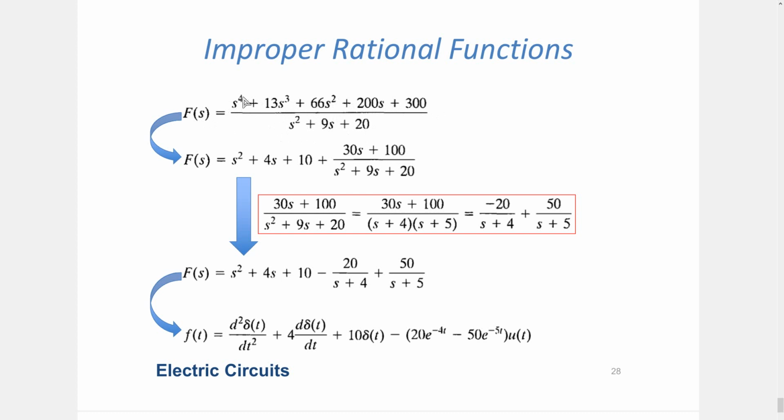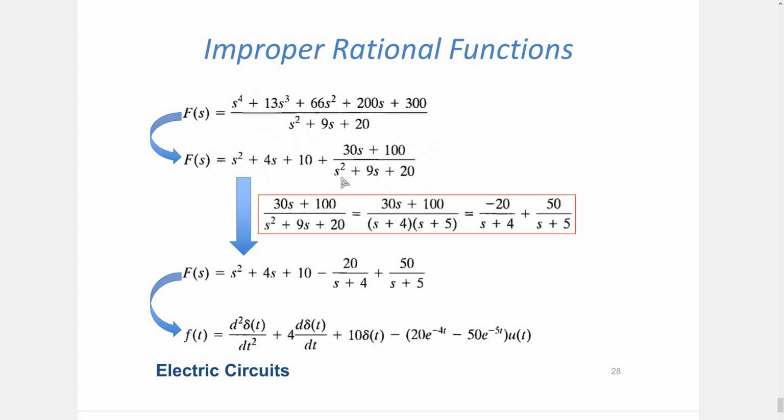Since the degree of the numerator is larger than the degree of the denominator, I can make a proper division, because if you do, you can easily factorize and you can rewrite this thing as this. Okay.